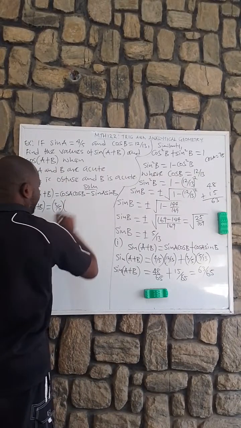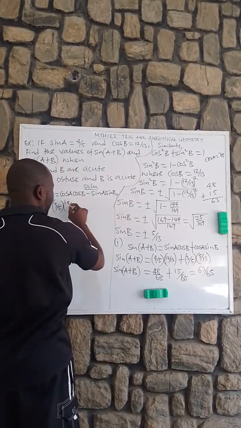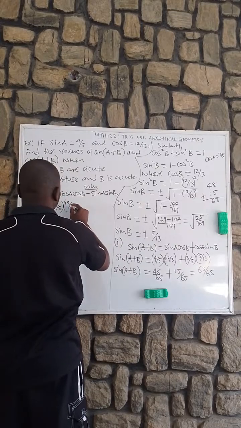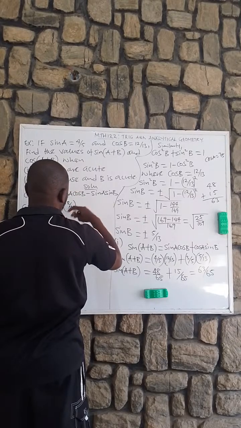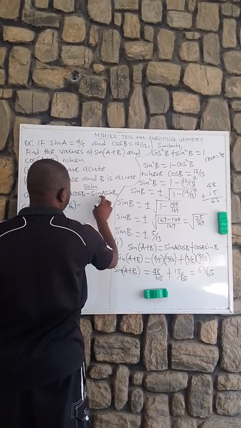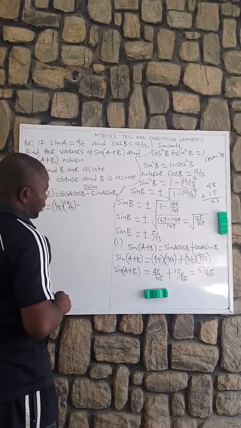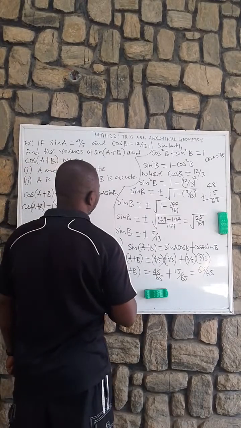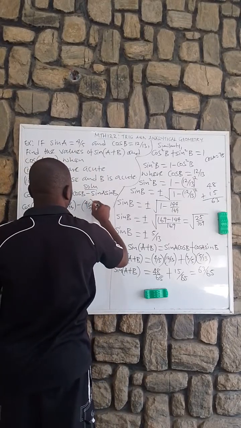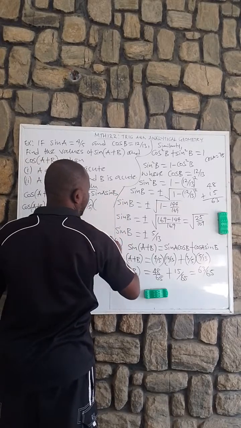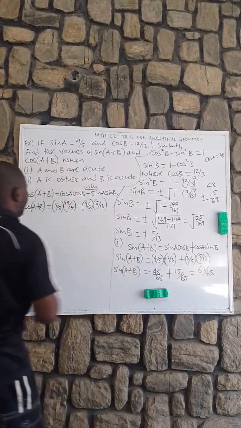Then cos B, what is cos B? Cos B is this 12 all over 13, right? Then minus sine A. Sine A is what? Sine A is this 4 all over 5. Then sine B is 5 all over 13, right?